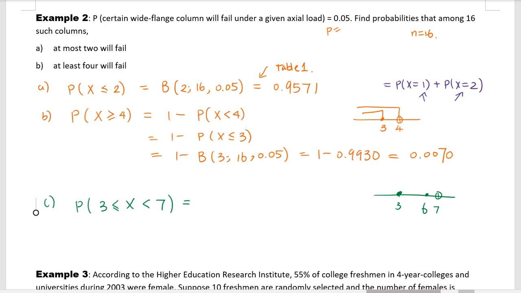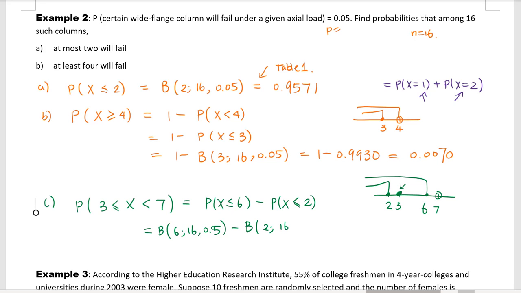That's why you want to have less than or equal to 6 minus less than or equal to 2. You don't want to subtract less than or equal to 3 because you want the 3 to stay there. So this is P of x less than or equal to 6 minus P of x less than or equal to 2. So this is B(6; 16, 0.05) minus B(2; 16, 0.05).